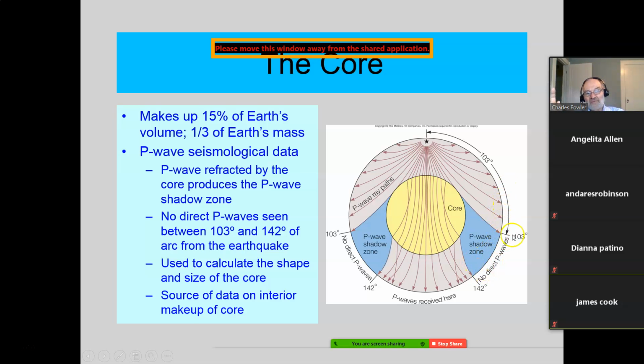You don't see them here, from 103 degrees to about 142 degrees. And then guess what? You start seeing P waves again, because that's where these have come out of the core after being compressed in the core, spreading out some. This will then do 140 degrees into 180 degrees, which is right down here, all the way around.